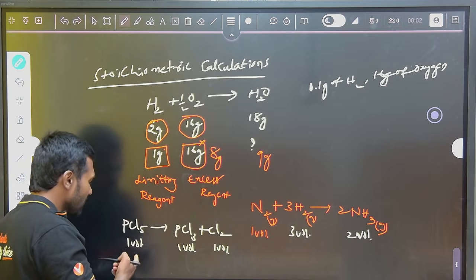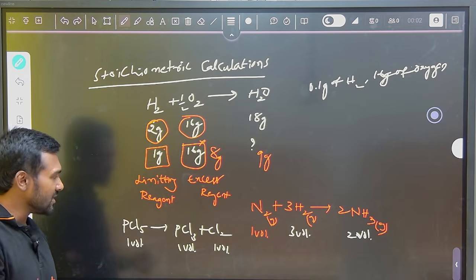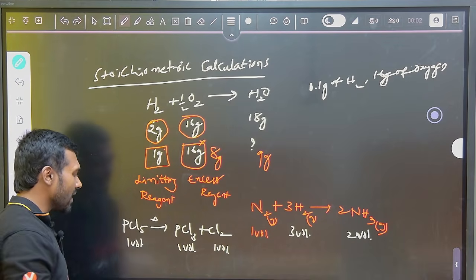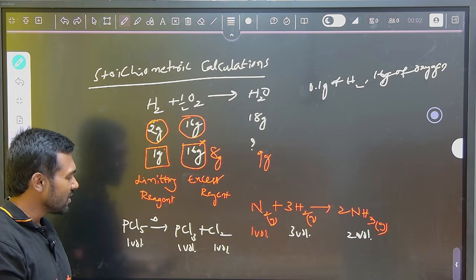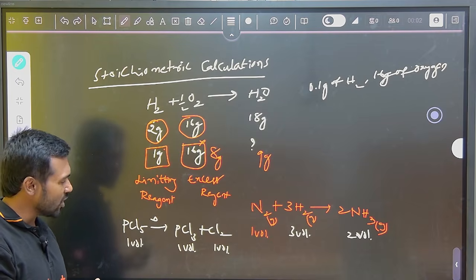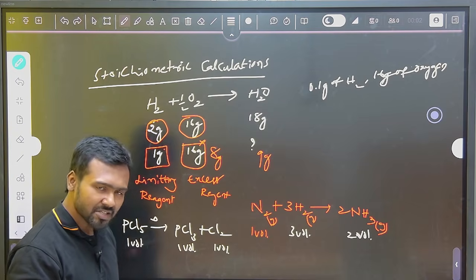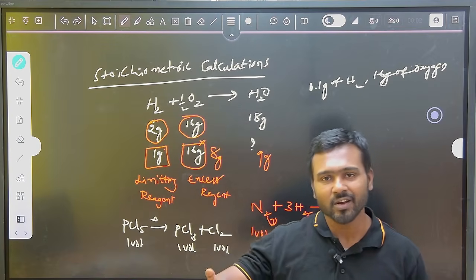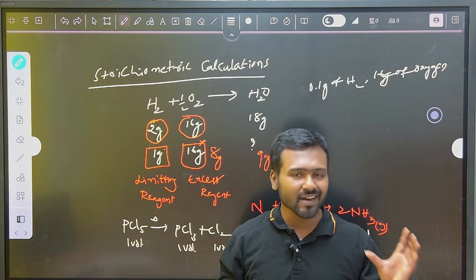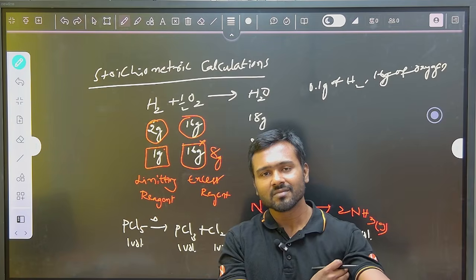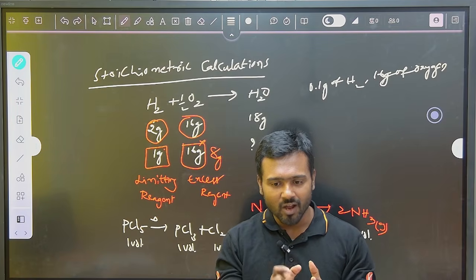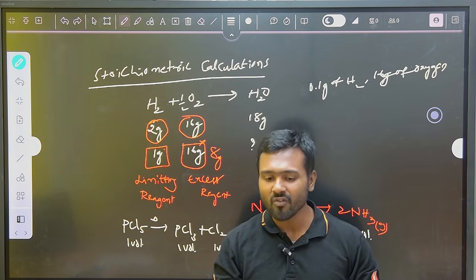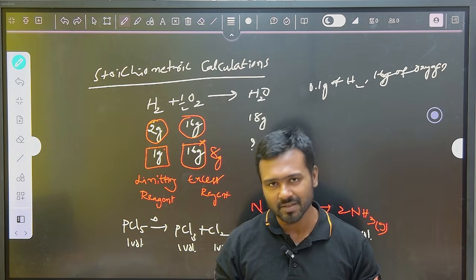That means 1 volume of PCl5 decomposes and you get 2 volumes of products, 1 volume of PCl3 and 1 volume of Cl2. The reactant side has 1 volume but the product side has 2 volumes, so the volume is increasing, which means expansion is taking place.